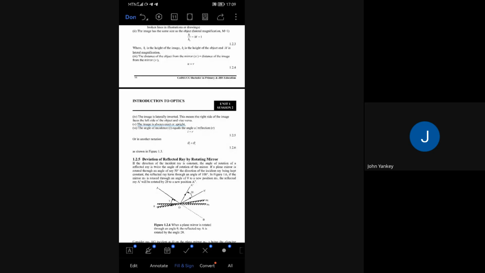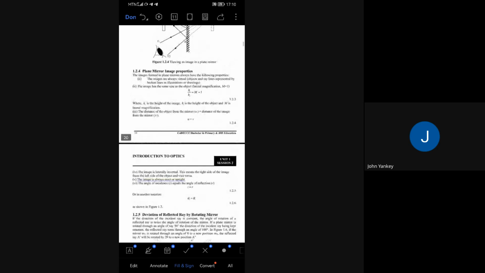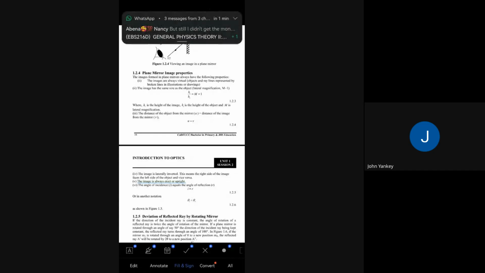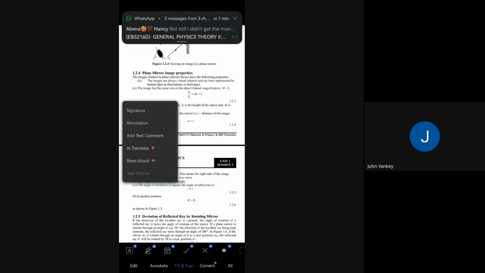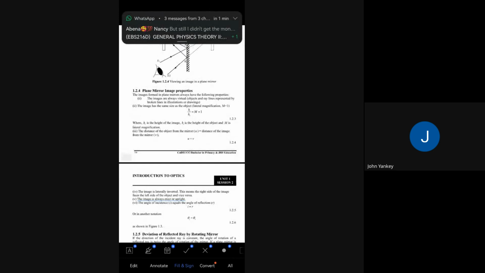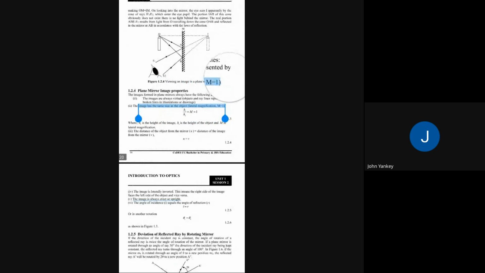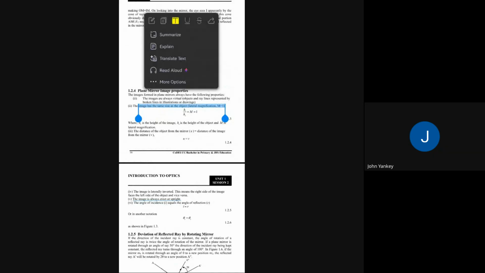Property number two, the size of the image is the same as the size of the object. When you stand in front of a mirror, the size of the image is the same as your size. If you are fat, your image will be as fat as you. If you are slim, your image will be as slim as you. So the size of the image is always equal to the size of the object.